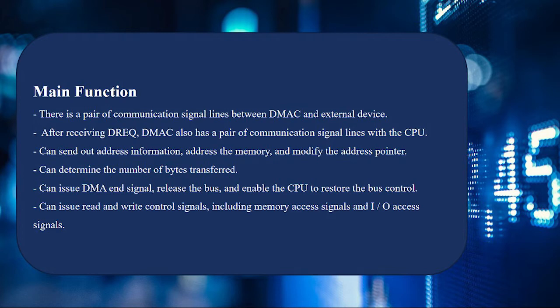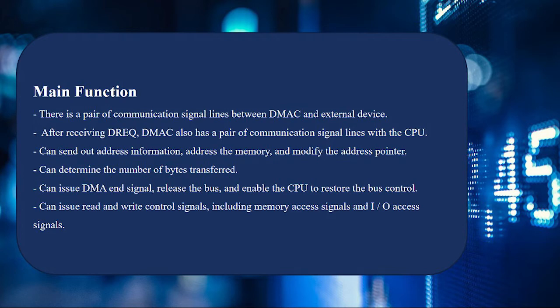After receiving DREQ, the DMAC also has a pair of communication signal lines with the CPU. The DMAC sends a bus request signal to the CPU. The CPU sends a bus response signal to the DMAC after the end of the final bus cycle. The DMAC takes control of the bus and enters the DMA operation mode.